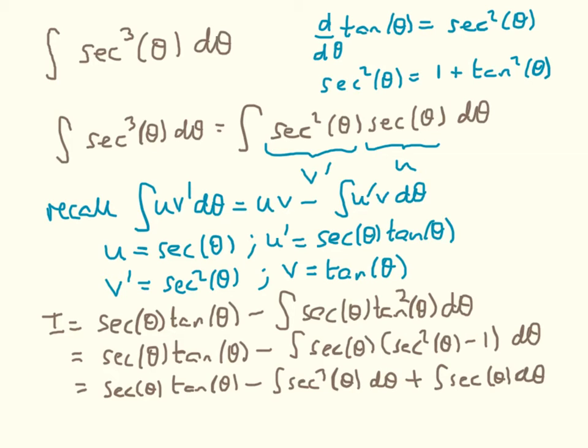So this tells us that 2 times our initial integral is sec theta tan theta plus, and now the integral of sec theta is the logarithm of the modulus of sec theta plus the tangent of theta, close the modulus. And this is our result, and all we have to do now to obtain the final answer is divide both sides by 2 and add an integration constant. But I will stop here and move on to the next slide to look at the final integral.